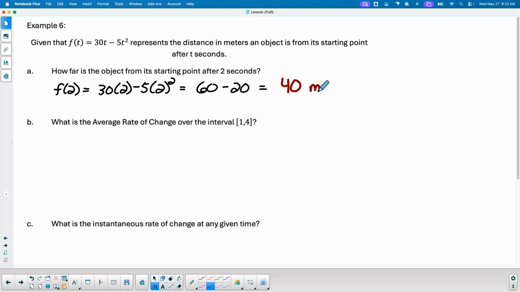What is the average rate of change over the interval 1 to 4? Well, that's AROC. How am I going to find the AROC over the interval 1 to 4? Give me actual numbers.